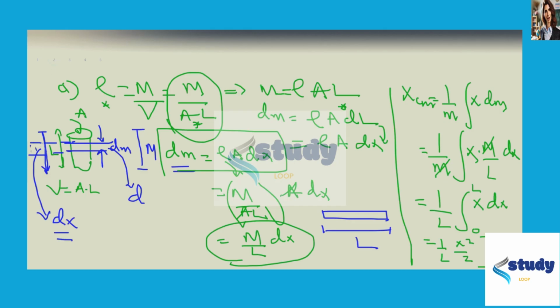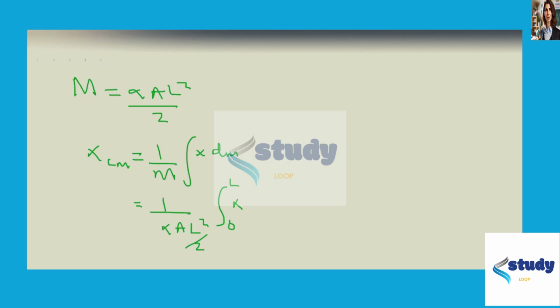It's like you DM someone on Instagram or something. But the DM in physics is the infinitesimal dm. So dm is rho A dx. And that's what we're going to have here.